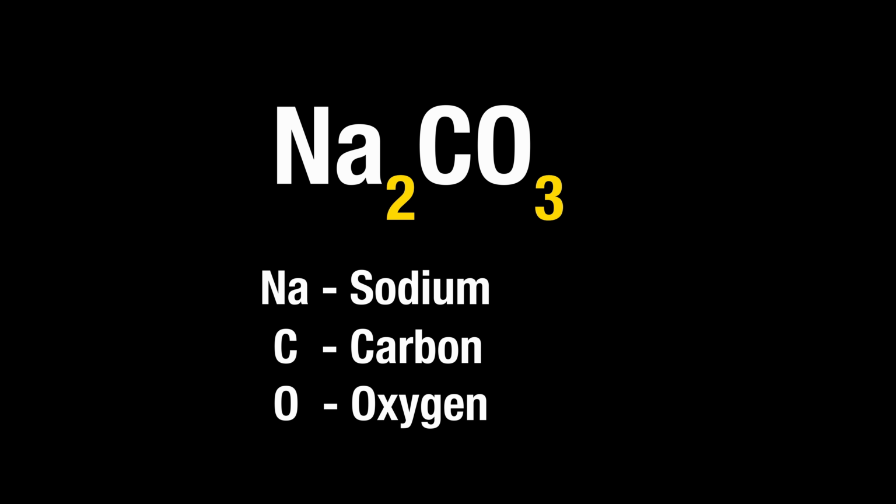And so the 2 indicates that there are 2 sodiums, and the 3 tells us that there are 3 oxygens. There isn't a number next to carbon, and that is because chemists tend not to write the number 1 in a chemical formula. The presence of the symbol alone tells us that there is at least 1 atom of that element in the formula.